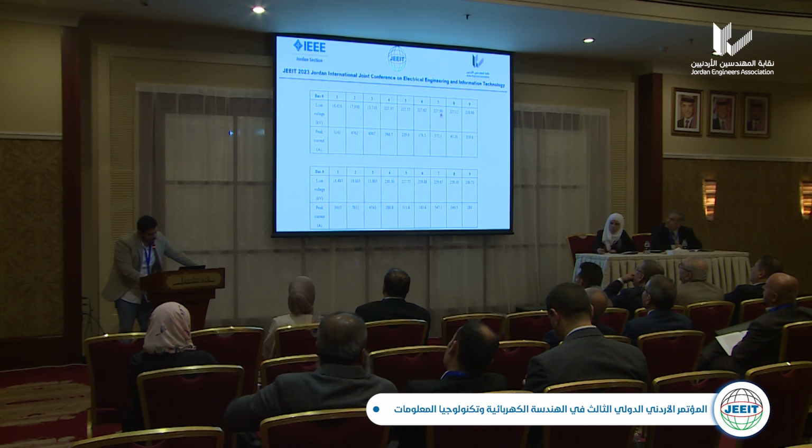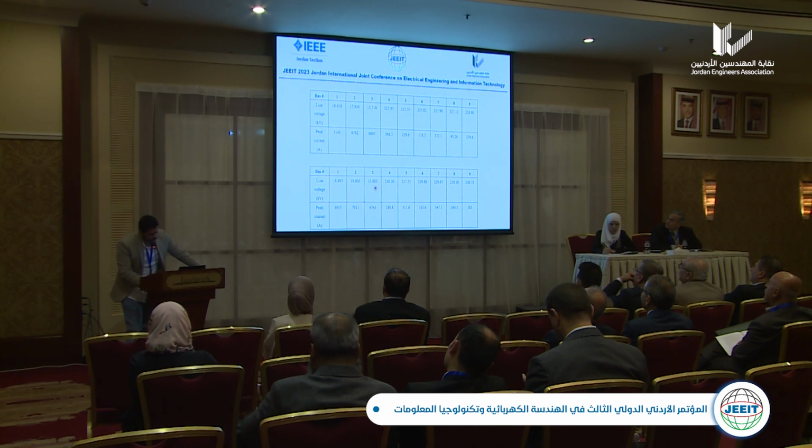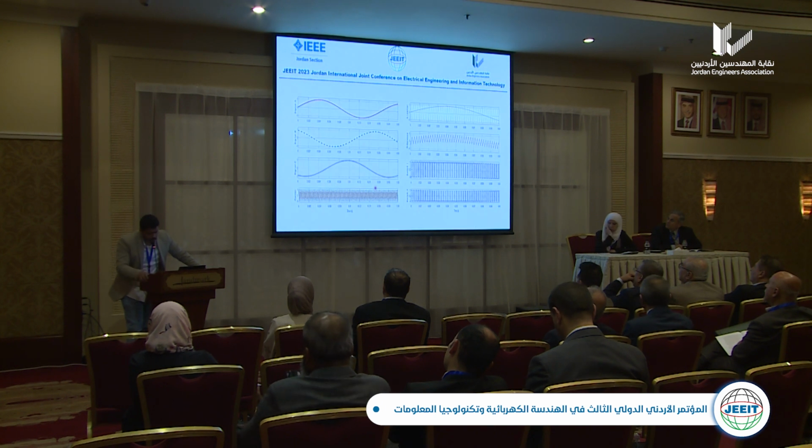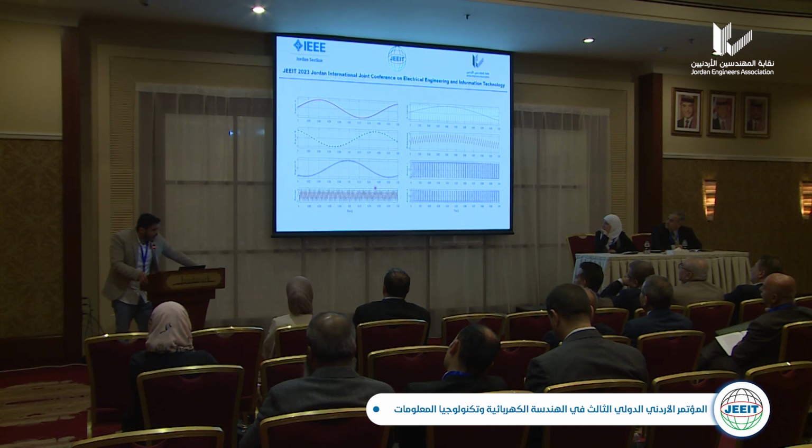This is for the programmable voltage source, and this is for the real voltage source. We can see that it's close to the theoretical values, and this ensures that we built the system correctly.